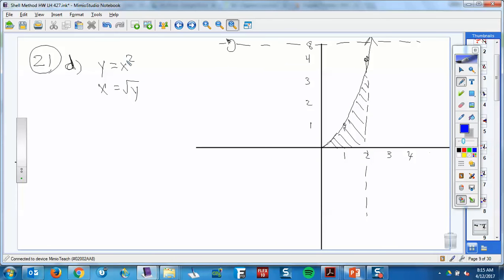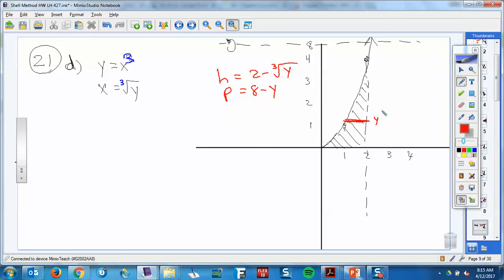And then what was T? 320 pi over 7. So we've got, let's see, shell would be this way, right? So the h would be 2 minus cube root of y. And the p would be 8 minus y.